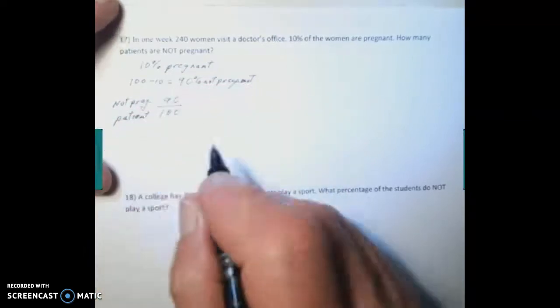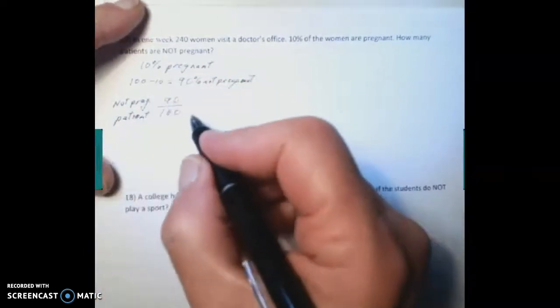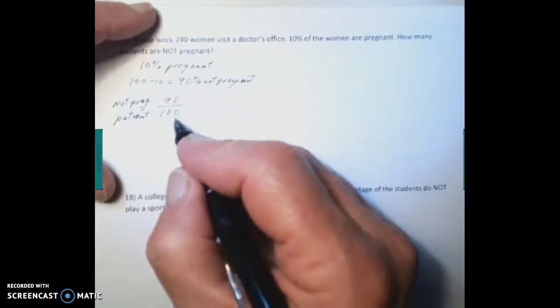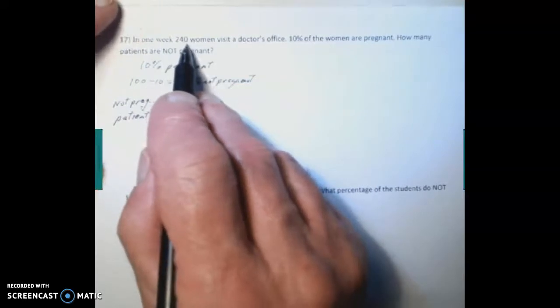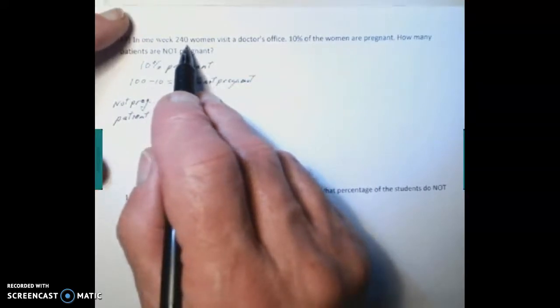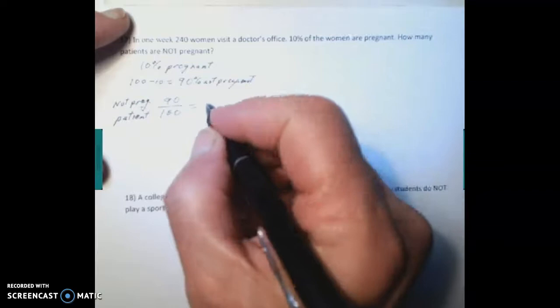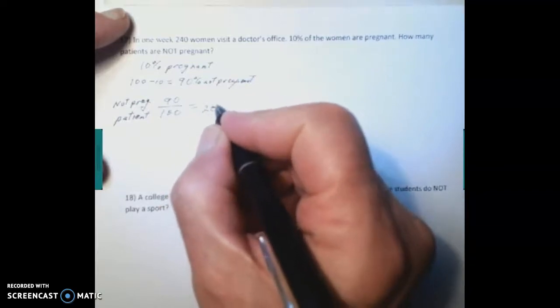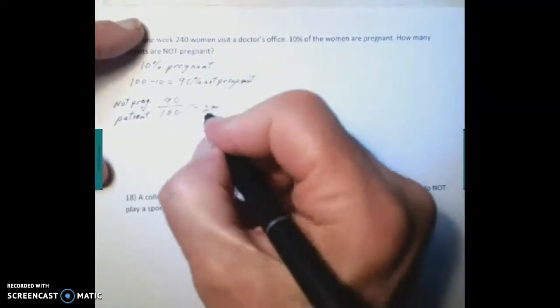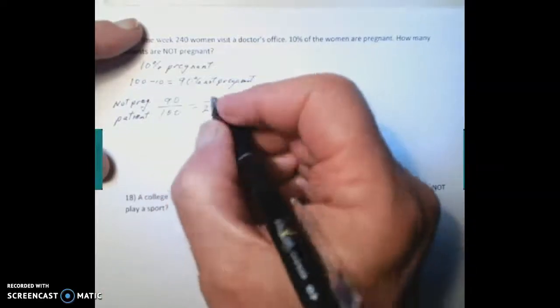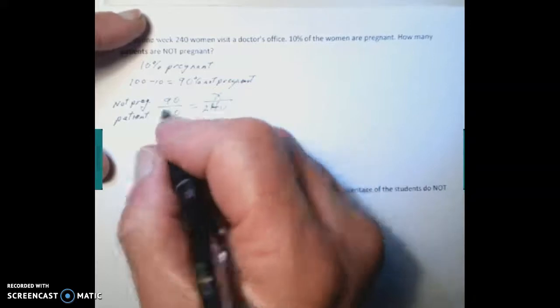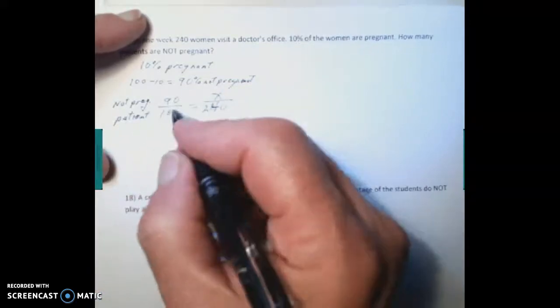I'm not going to be able to get it all written. So 90 out of 100 are not pregnant, and we know that the total amount that visited the clinic would be 240. We're looking for the part that is not pregnant, and this will give it to us.